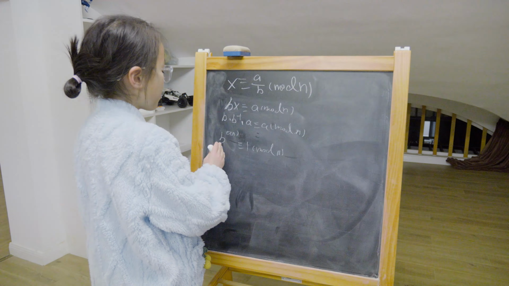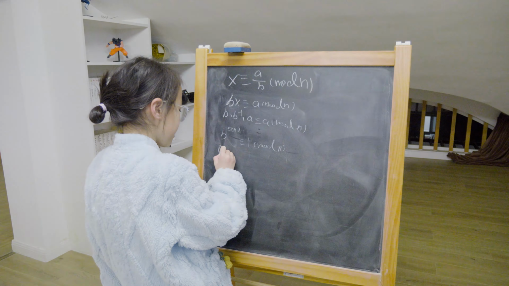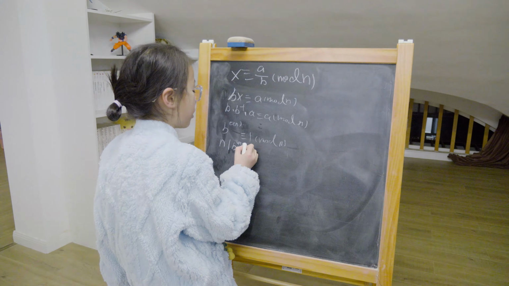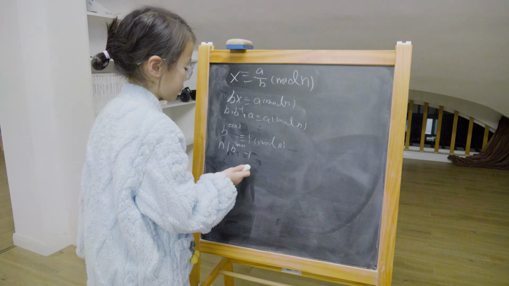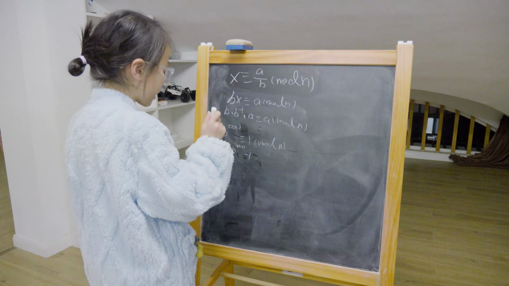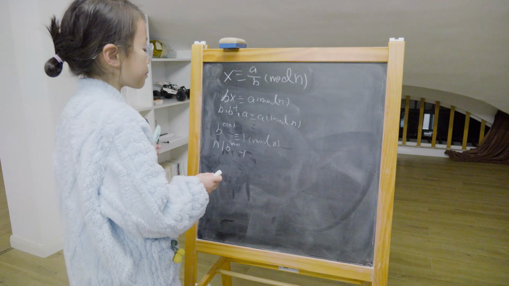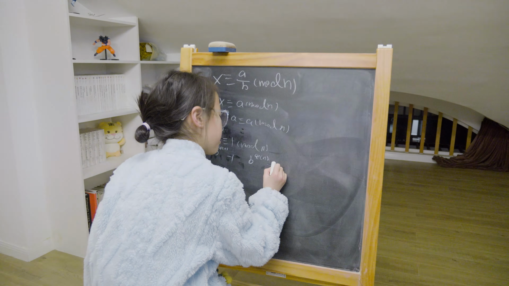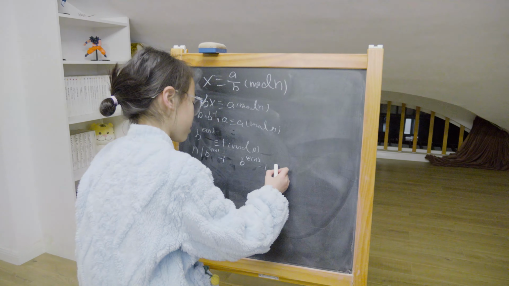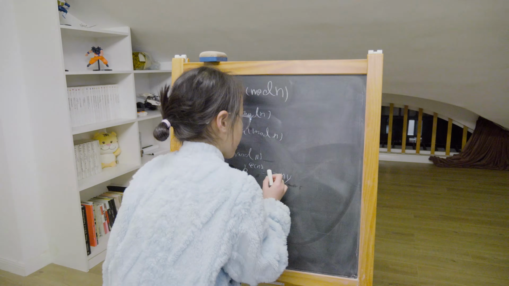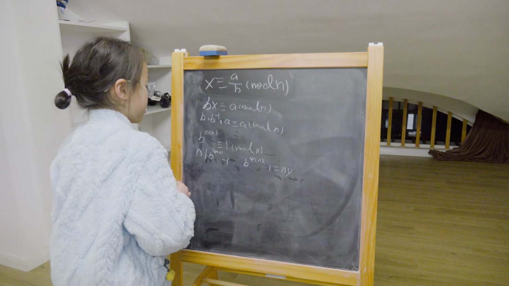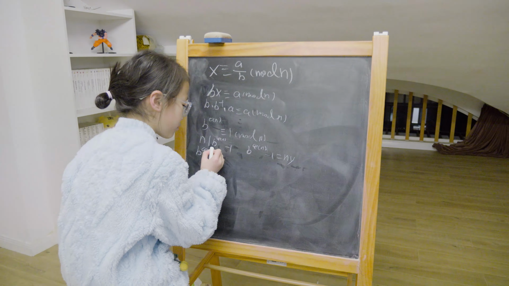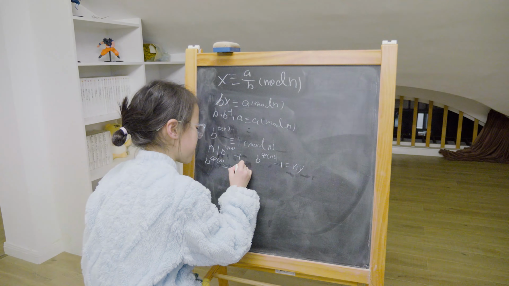So n is a divisor of b to the phi of n minus 1. That means b to the phi of n minus 1 equals ny. Moving terms, we have b to the phi of n minus ny equals 1.